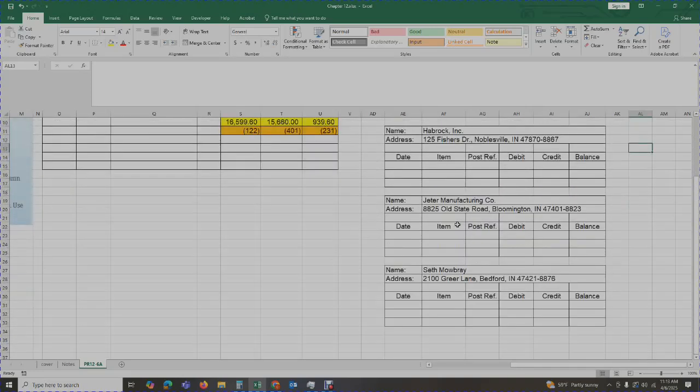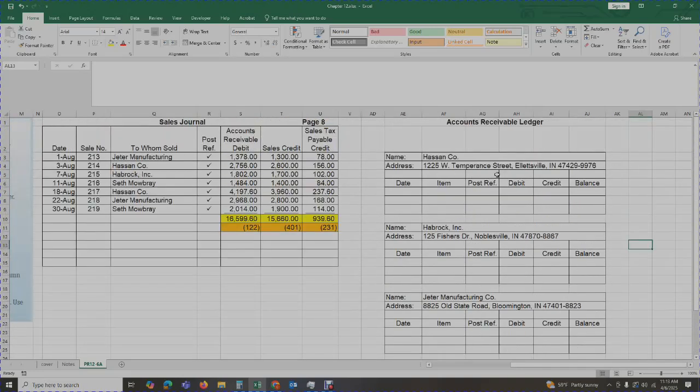Usually each of the vendors has an account number. In this case they don't, but this is a listing we're provided with. We're just going to transfer the information from your sales journal over to the ledger. So I'm going to highlight, that way we know what we are working on.